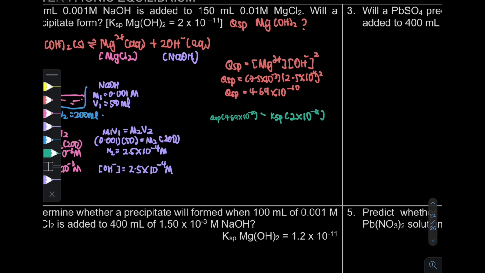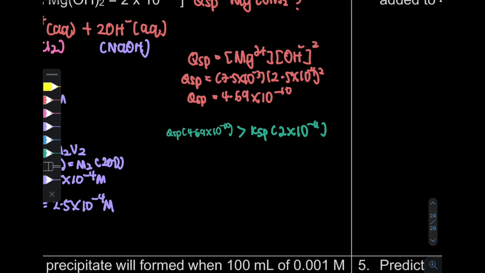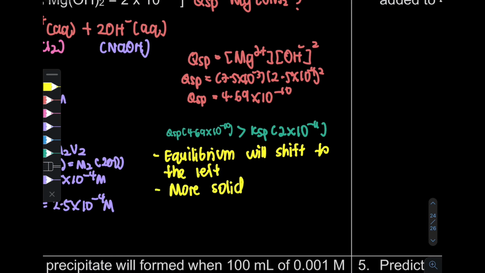And we know that it is bigger. So bila dia bigger, dia akan shift to the left. So again, equilibrium will shift to the left. Yang ini mesti buat step by step, sebenarnya nak tahu dia precipitate ke tak kan. So maknanya more solid akan form lah, or the precipitation occurs. Okay, so you should try yourself.